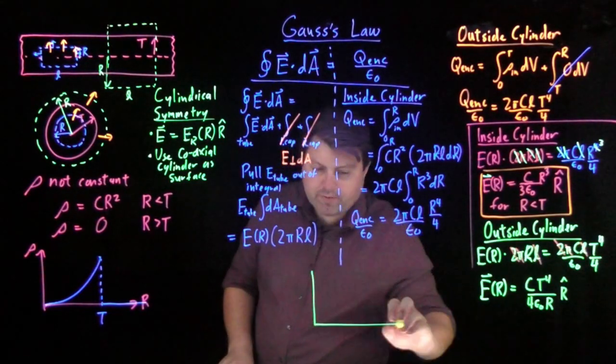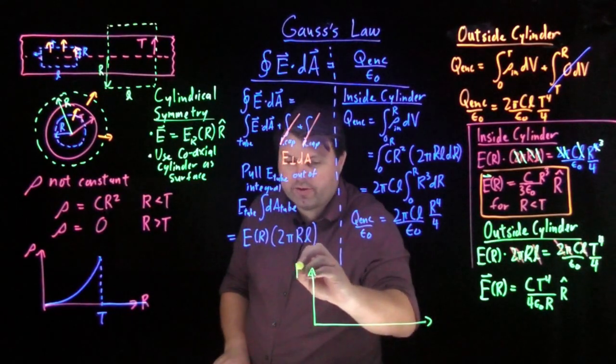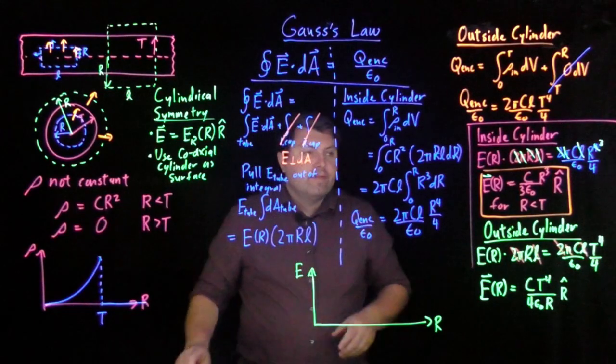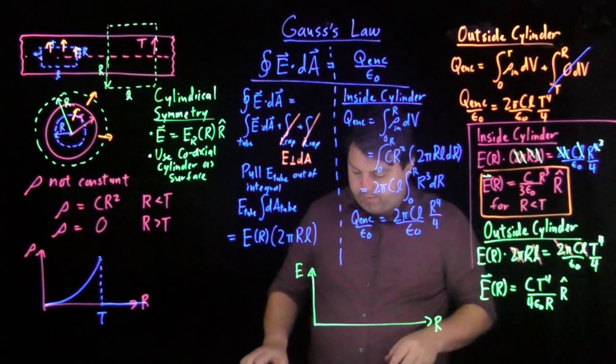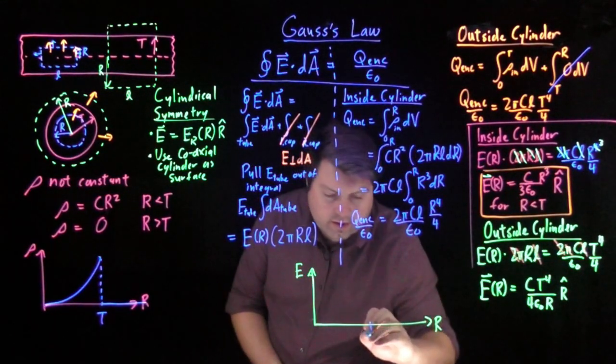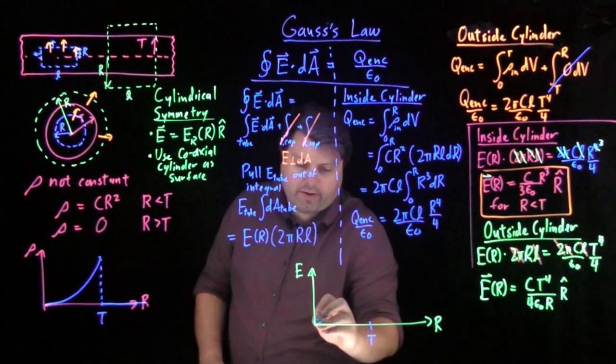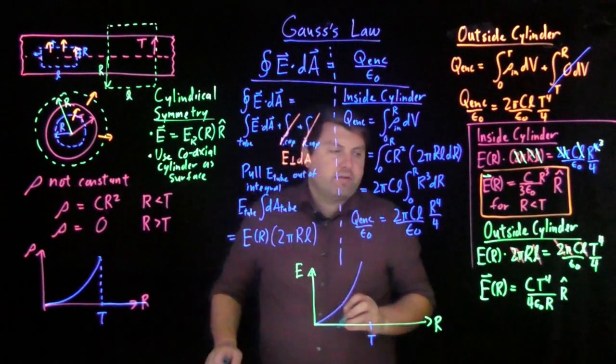Excellent. One last step that we can do is we can take a look at our electric field as a function of the radius. And so we have inside the cylinder before r is equal to t, this is r to the third power, so we'd have some increasing function.